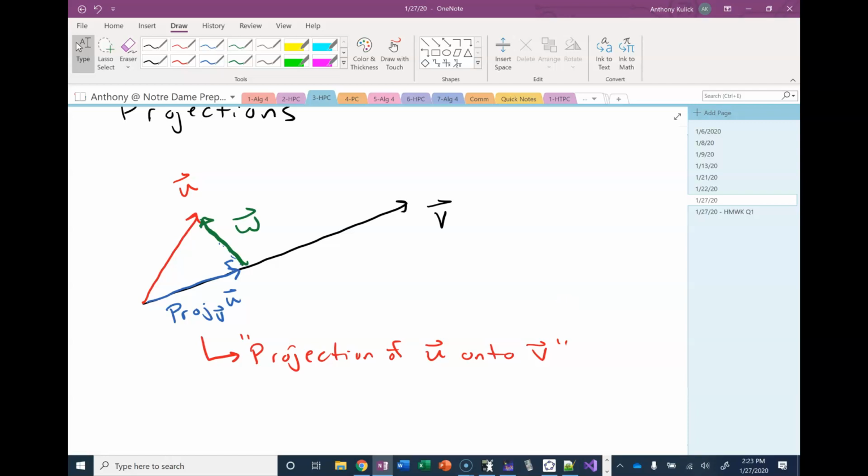What vector operation is represented by this triangle? This is addition, because I've written the vector, the projection, and vector W head to tail, and then U is drawn from the initial to the final terminal, right?